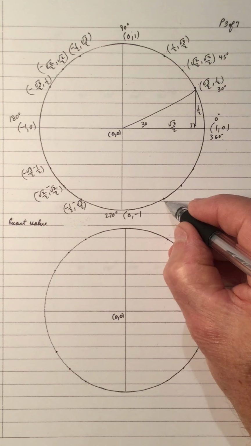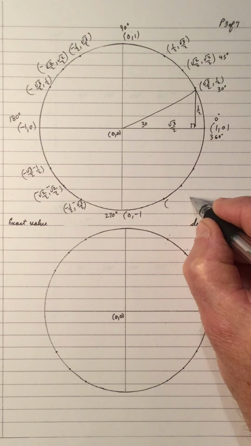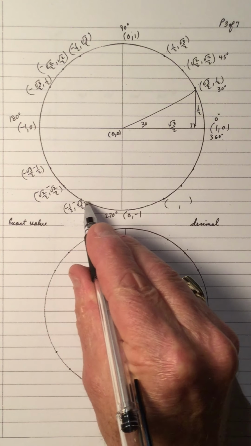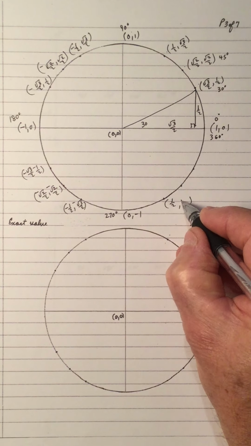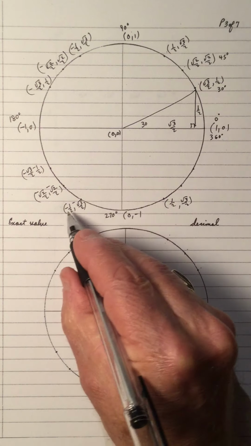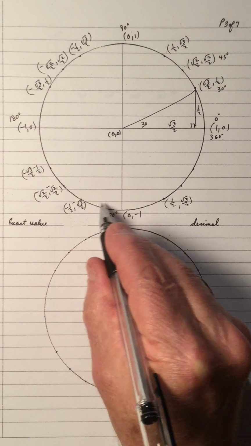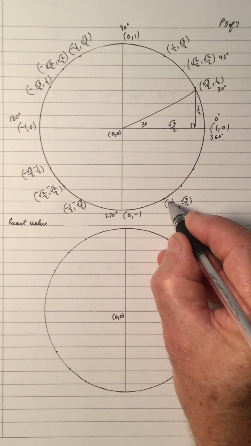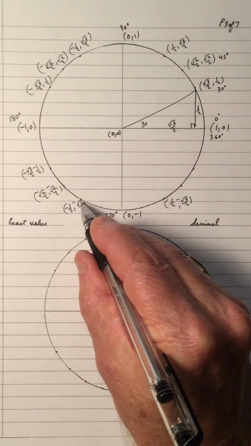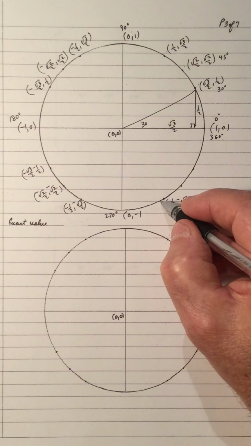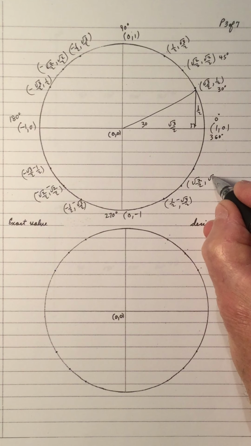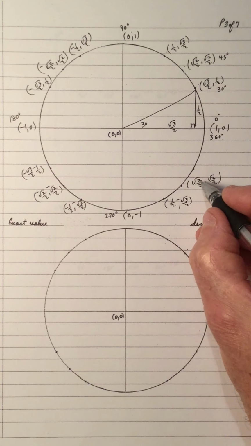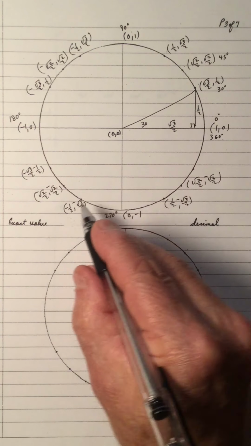And as you keep rotating, if you rotate across here, the x stays the same and the y stays the same. The only difference: on this side the x is negative, on this side the x is positive, but the y is negative down here and negative here. This one is root 2 over 2, this one is root 2 over 2, and the x is positive and the y is negative.